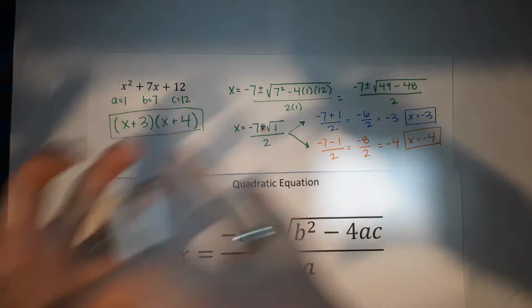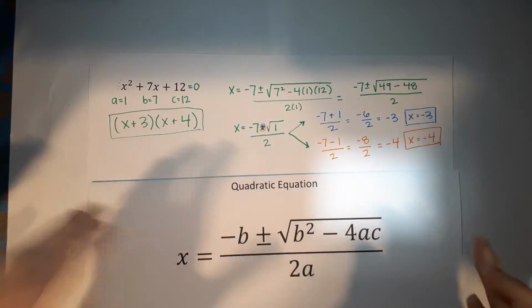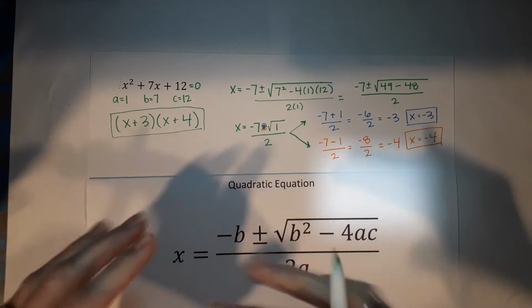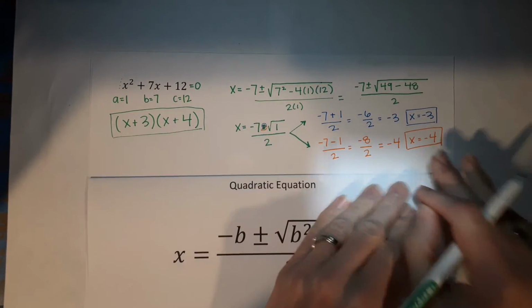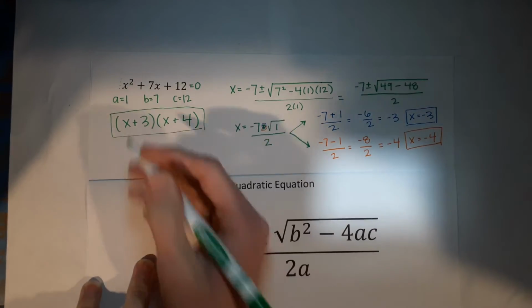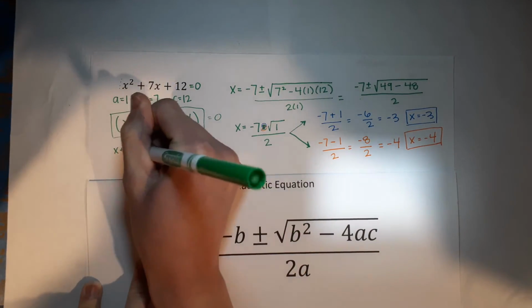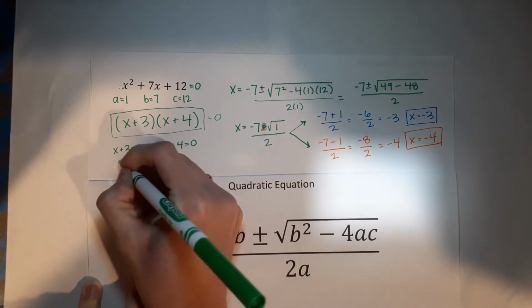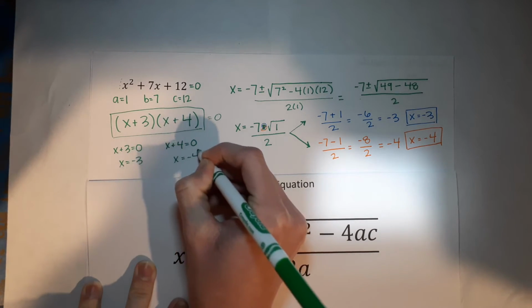We're just working backwards. The quadratic formula doesn't give me what's inside the parentheses, it gives me what x is. So if I set these equal to 0, I get x plus 3 equals 0 and x plus 4 equals 0. Then when I solve, I get x equals negative 3, x equals negative 4.